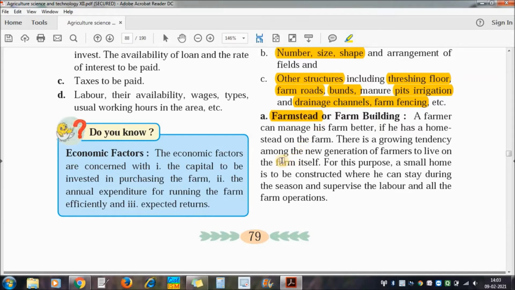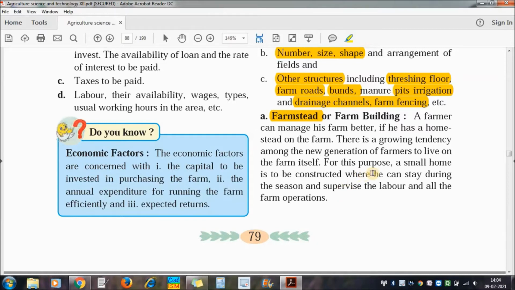This contains a residential building of the farmer, residential building of the manager or farm manager. Nowadays, farmers have a tendency to construct their residence in the farm and reside there. Now the concept of living in the village is going slowly.